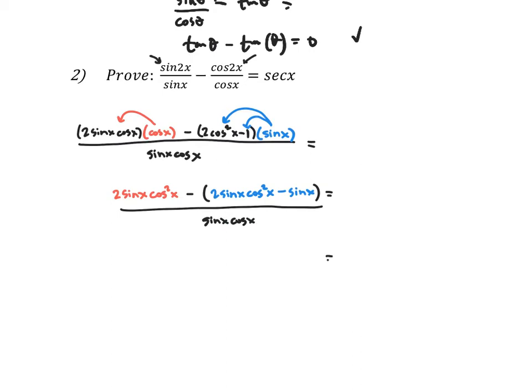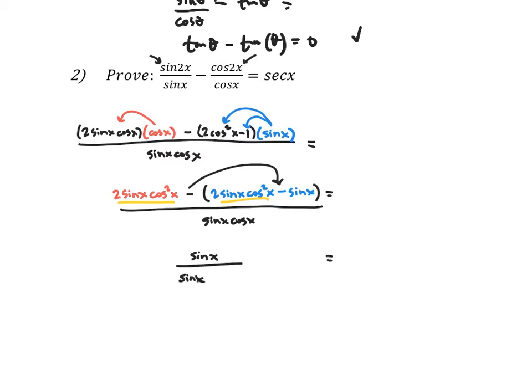So what do we end up with here? You'll see that the 2 sine x cosine squared x minus 2 sine x cosine squared x will be 0. And then we have to distribute the negative also to that term, which makes the numerator just sine x.